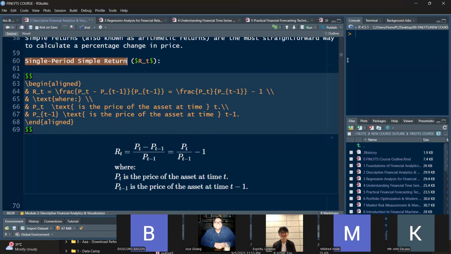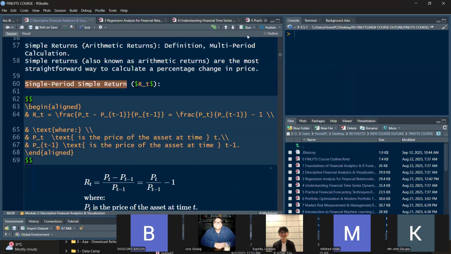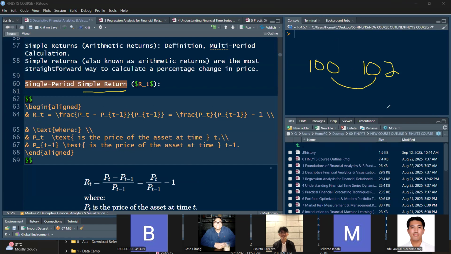It's the formula if you're looking at the price of the asset yesterday, let's say the price yesterday was 100, and the price today became 102. To compute the simple return for a single period, it's P sub T, the price at time T, divided by price at time T minus 1, the previous price, minus 1.